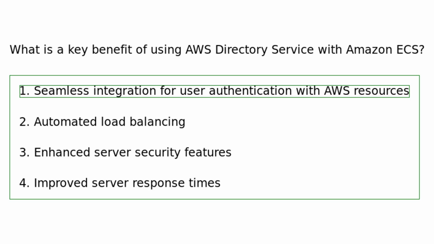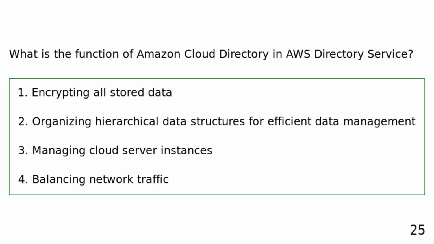for containerized applications. What is the function of Amazon Cloud Directory in AWS Directory Service? Encrypting all stored data. Organizing hierarchical data structures for efficient data management. Managing cloud server instances. Balancing network traffic.